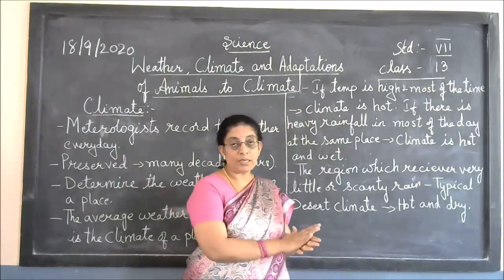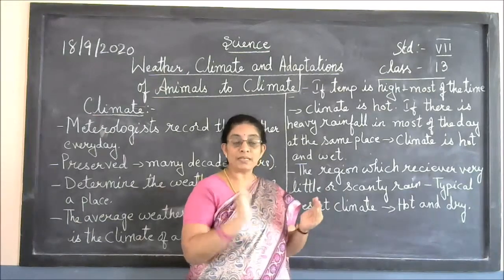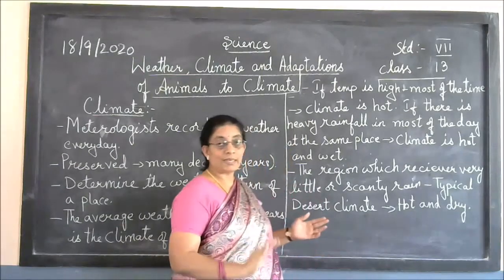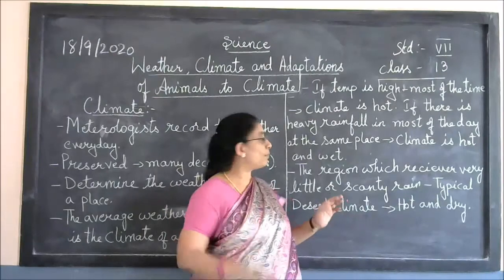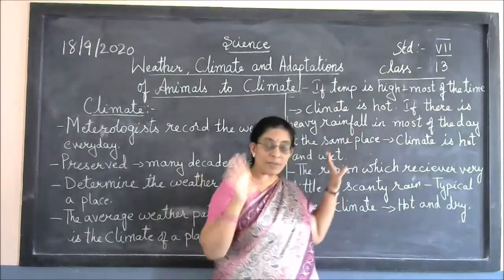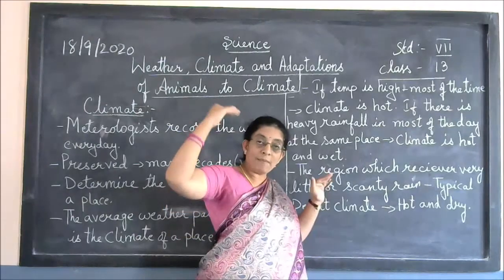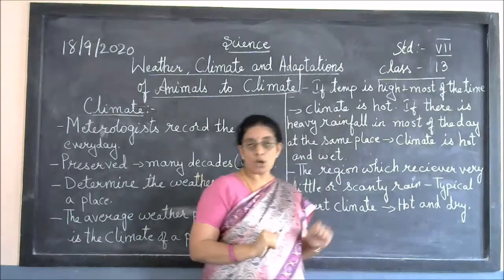So based on the preserved details of the weather, the climate is decided and they describe whether it is hot or cold or moderate. If most of the time in that particular place the temperature is at the maximum level, they say that the climate is hot.